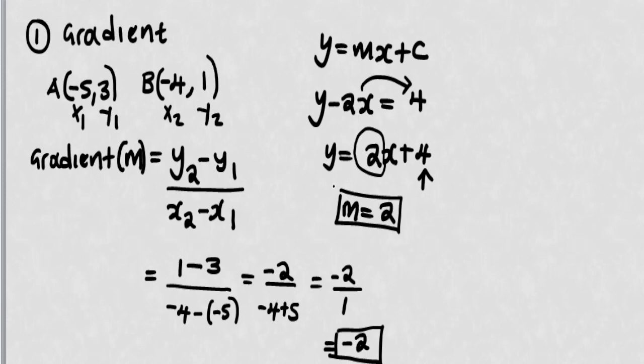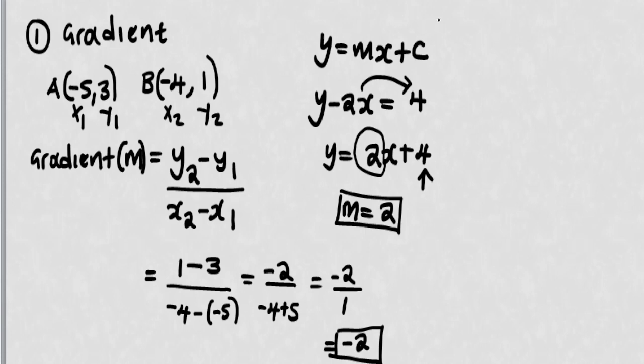That is very important. Again, still on gradients, I also want you to understand one last thought on gradient, which is on parallel and perpendicular lines. So what should you know?